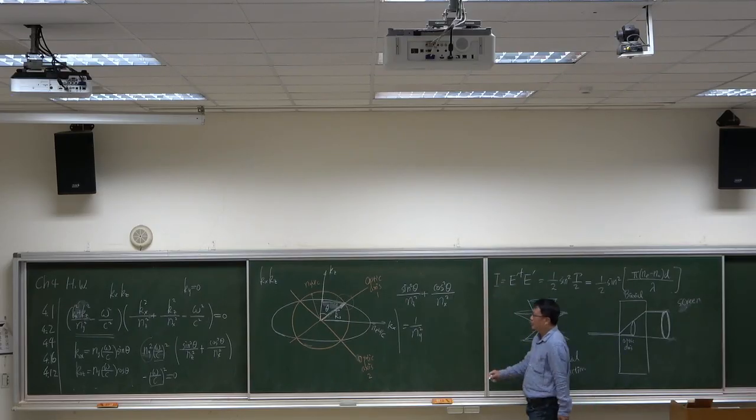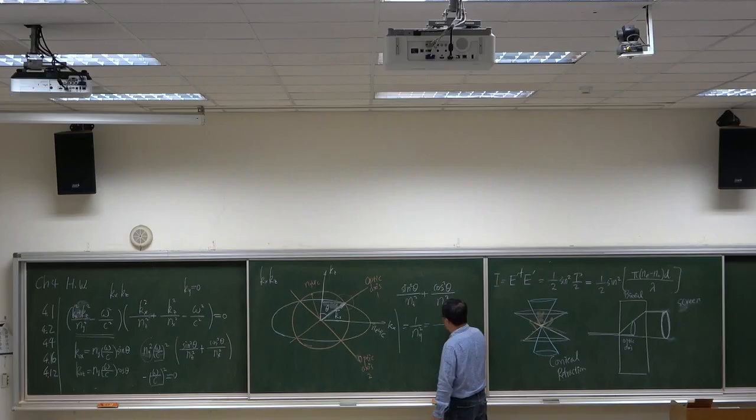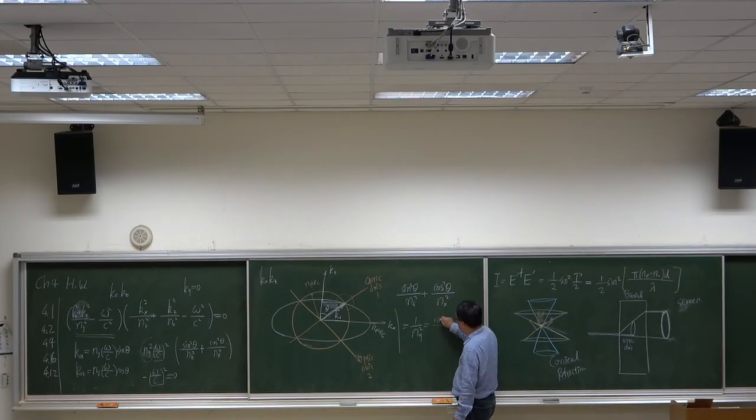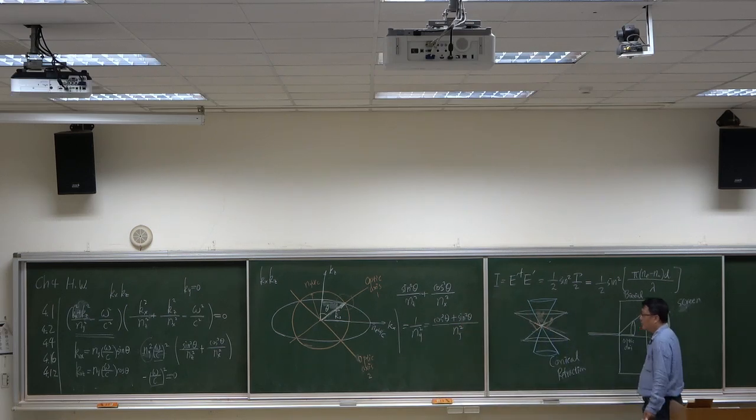And now you remember that according to trigonometric identities, 1 is nothing but the sum of cosine squared plus sine squared. Okay. Cosine squared plus sine squared is equal to 1.